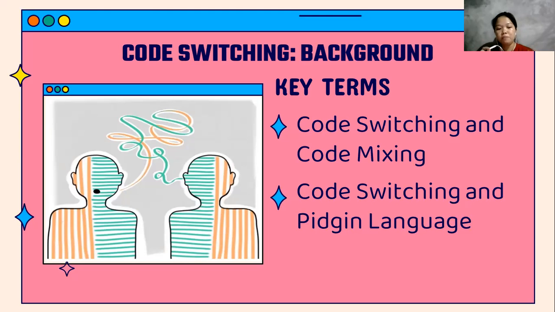Usually in pidgin, a speaker draws from two or more languages, but vocabulary and grammar are simplified and reduced. For example, I'm good at speaking English, and the friend I'm talking to can only speak Chinese. So when I speak to this friend, I have to make sure that the grammar and vocabulary I'm using in English are simple enough to be understood by my Chinese friend. That is pidgin language, like a third language that you use if you do not have a common language. So that's the difference between code switching and pidgin language.